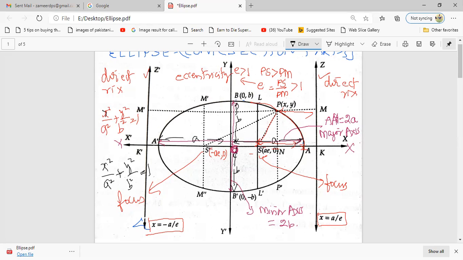And you can see that in this equation A is greater than B.